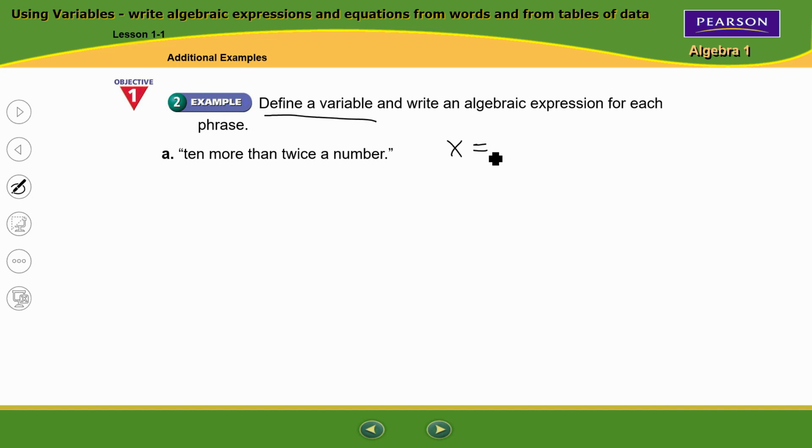Now we have to write the expression for this phrase. 10 more than. The words more than indicate addition. So 10 plus. Twice a number. Twice means multiply by 2.